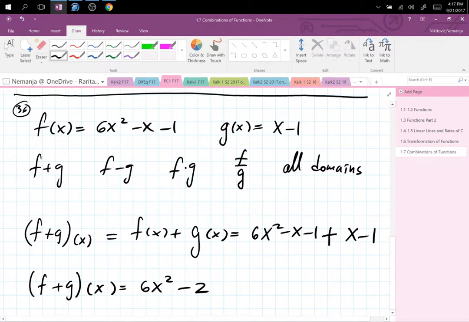And then they say the domain. You think about what type of numbers you are not allowed to plug in, and you realize that you are allowed to plug anything in. So the domain is from negative infinity to positive infinity. You cannot put the inclusive brackets around infinities.